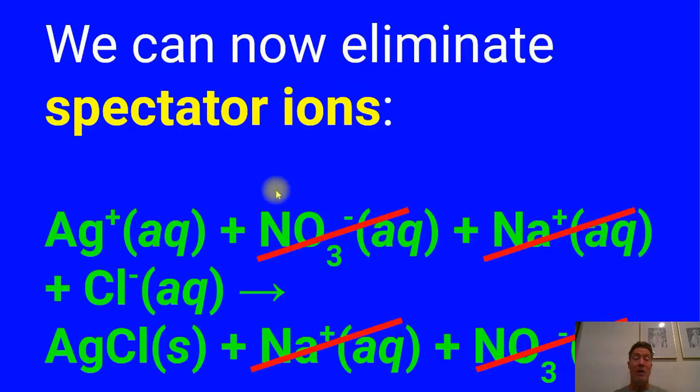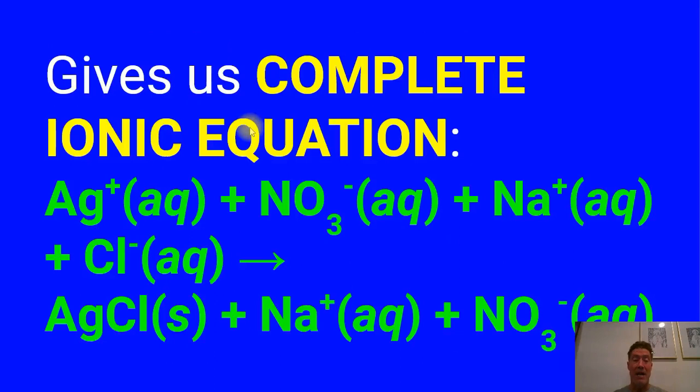Now, there's one more thing. We can now look at this complete ionic equation, and we can notice that, hey, look, nitrate is alone on the left, and it's alone on the right. And sodium is alone on the left and alone on the right. Nothing changed about nitrate, nothing changed about sodium.